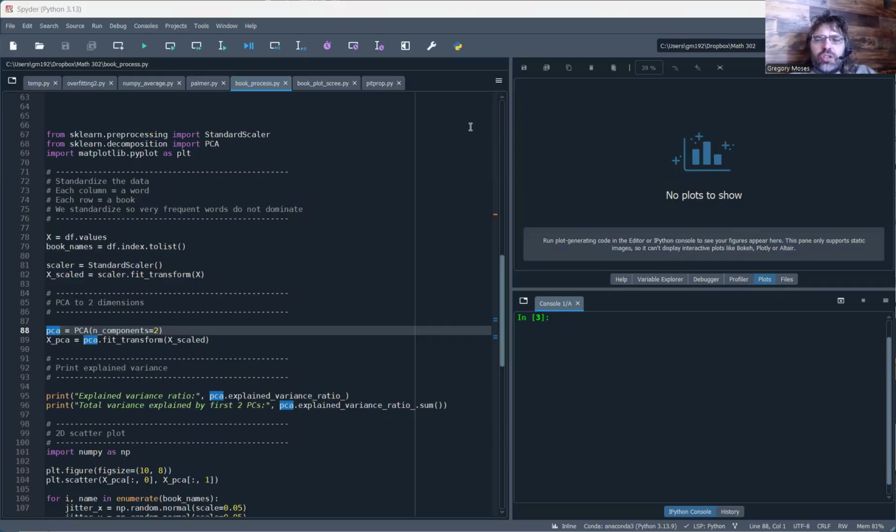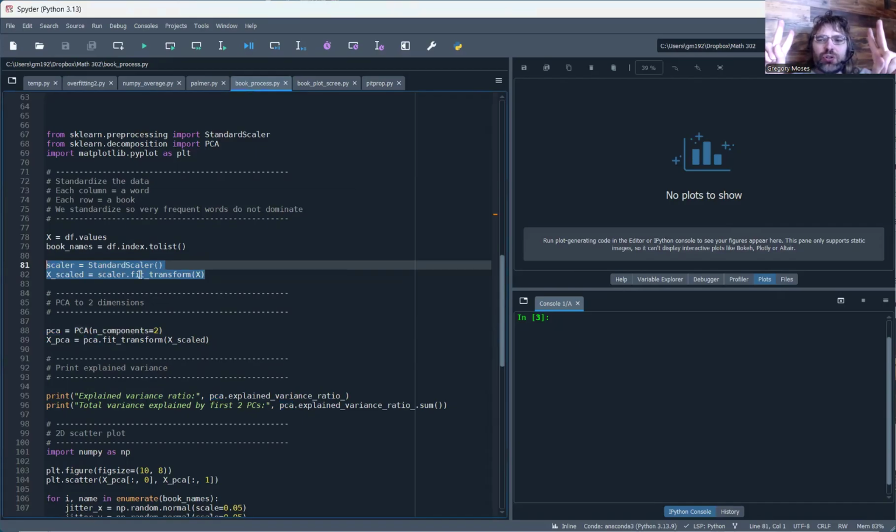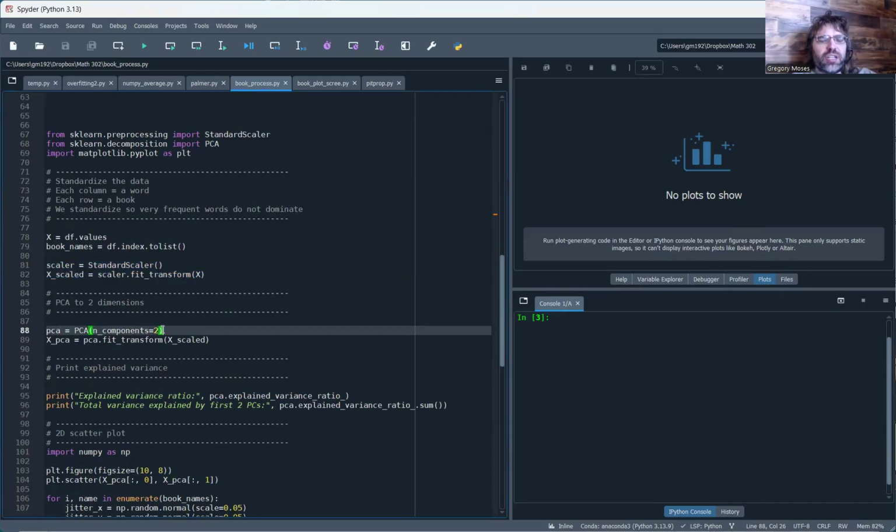So I'm just going to look at a few examples again using those books. I don't want to dwell on the code. I'll point out now that we've got this standard scaler. It will make more sense to talk about that in a later video.